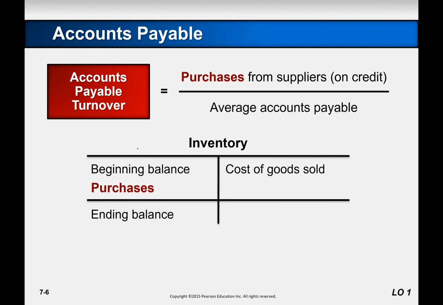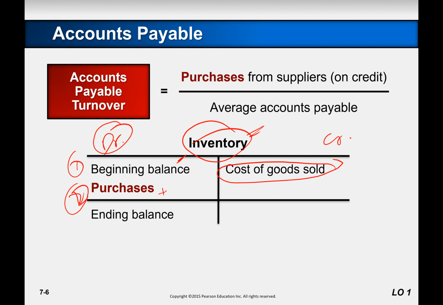If you see the inventory T account, inventory increases with two amounts: number one, the balance from the previous month or previous year, and then the new amount which is debited when you purchase the inventory. And inventory is decreased when you sell the items. When your sales increase, your inventory decreases.